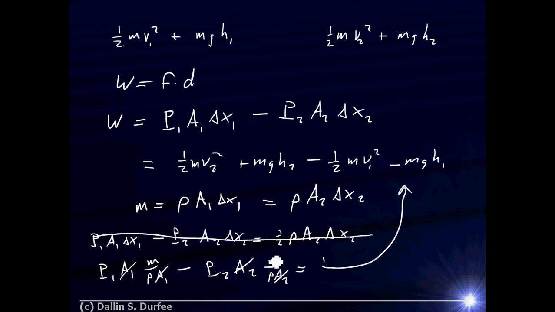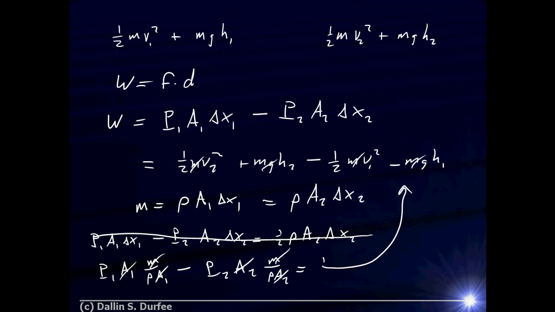And what else happens? If I look, I have mass in all of these terms right here. So if I multiply through by rho, we'll get Bernoulli's equation. So we get pressure 1 minus pressure 2 is equal to 1/2 rho v2 squared, right?